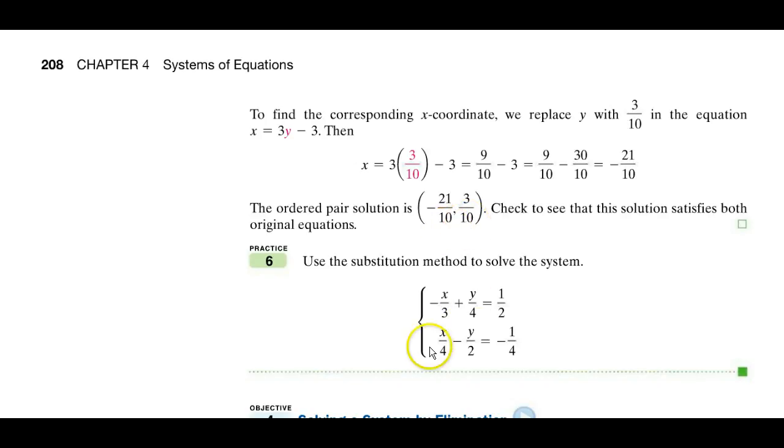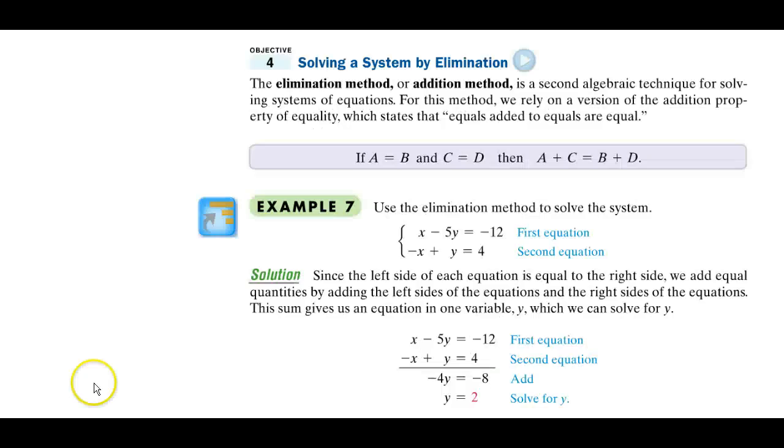Okay, so when you have fractions, what you would do is multiply each of the fractions by the lowest common denominator, get rid of the fractions, and then you have an x value. Okay, so far we have two methods of solving.